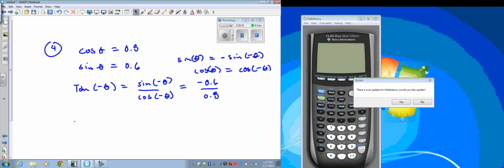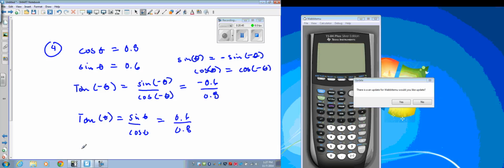You're saying I'm going to solve for tangent of positive theta, and that's going to be sine theta over cosine theta, which is 0.6 over 0.8.